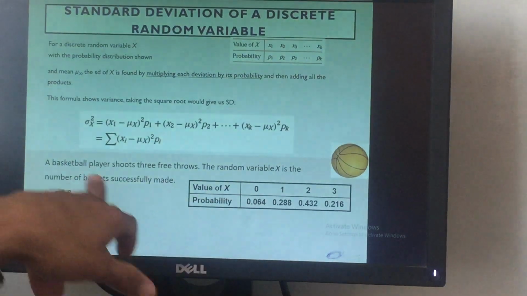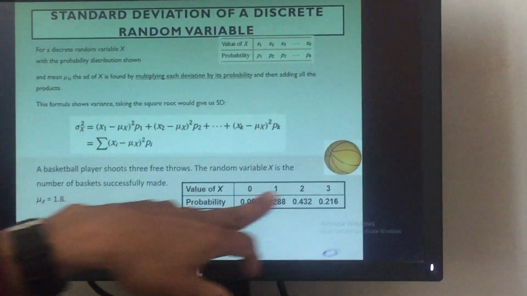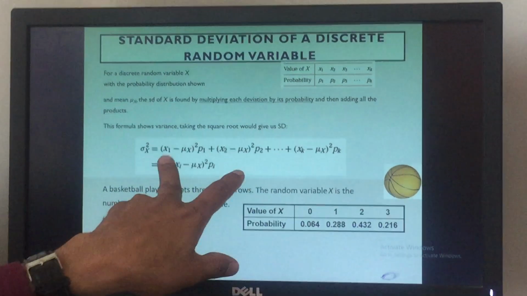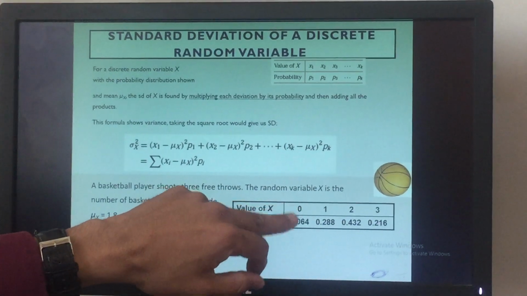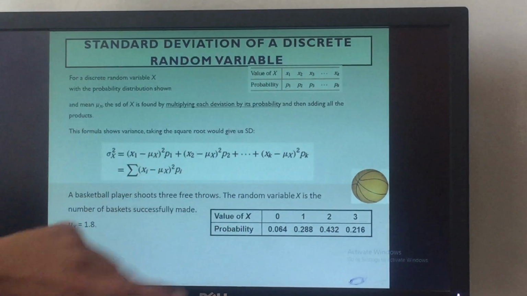So what we do is x minus 1.8: 0 minus 1.8, 1 minus 1.8, 2 minus 1.8, 3 minus 1.8. We square them, then multiply by the probability.